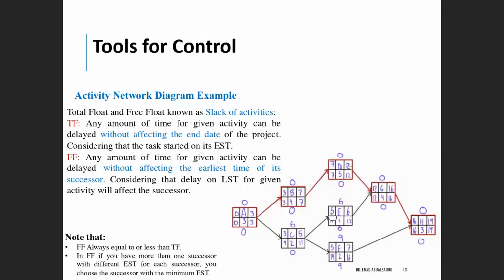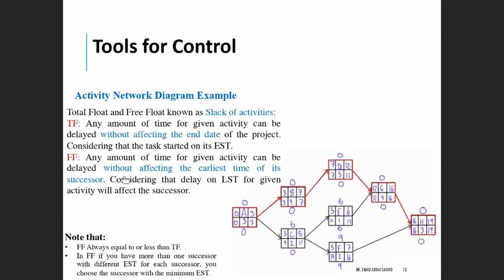If you take the start time and add the value of the TF, the total float, it will also give you enough room to finish the project on time without any delay.